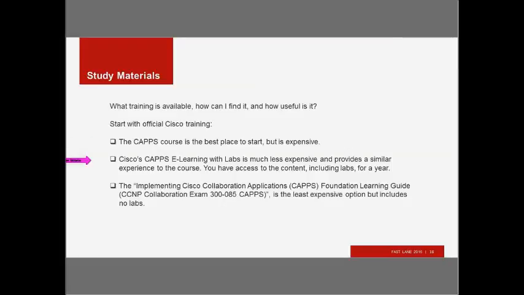The Cisco CAPPS e-learning with labs product is much less expensive, and it provides a similar experience to the course. You will have access to the content, including the labs, for 365 days for a full year.